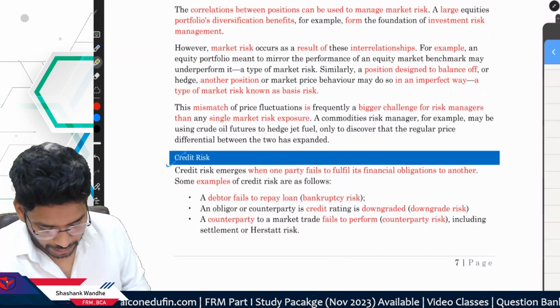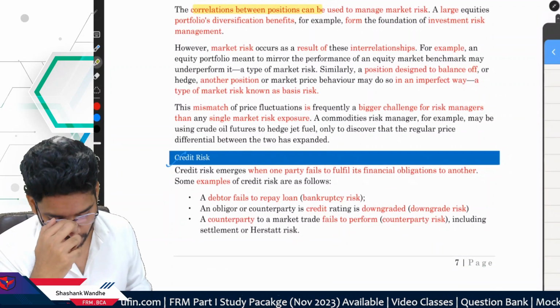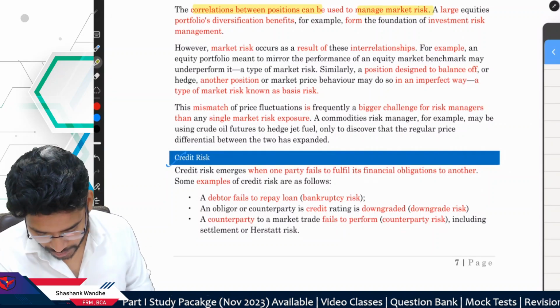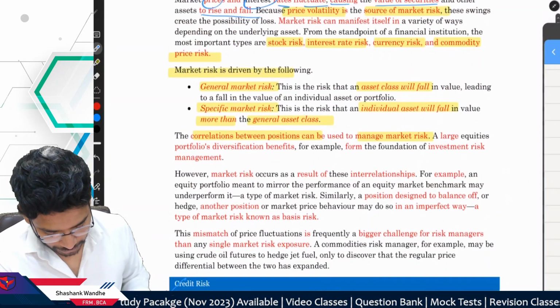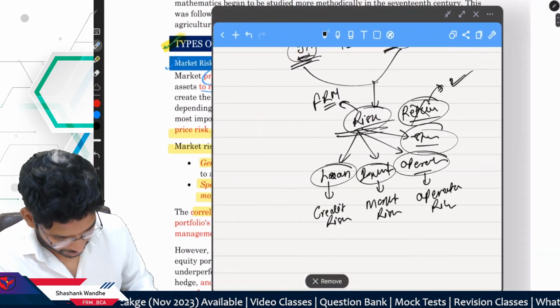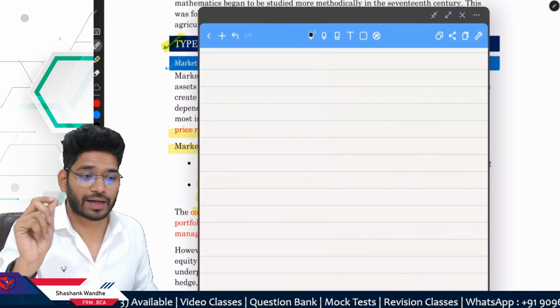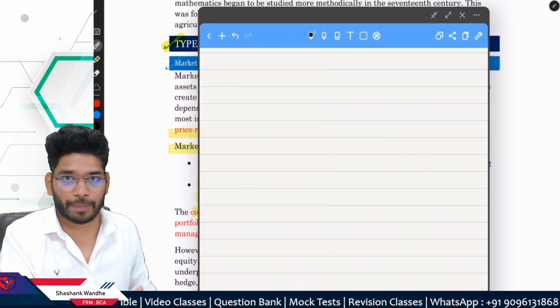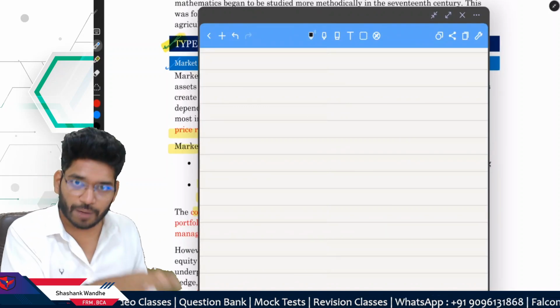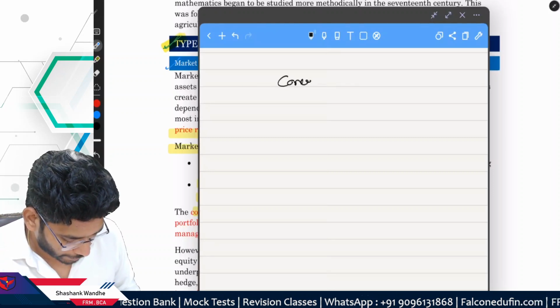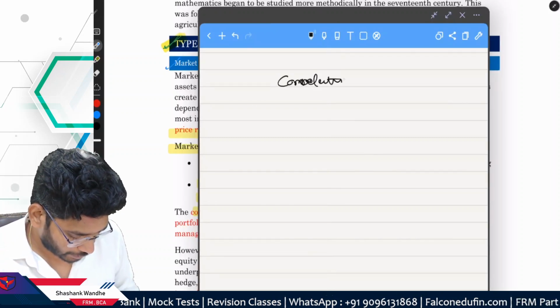Now here, correlation plays a very important role in risk management of the market risk part. So what is correlation? Please note, I'm assuming you are taking this chapter as the first reading in your preparation, and you don't know anything about correlation.